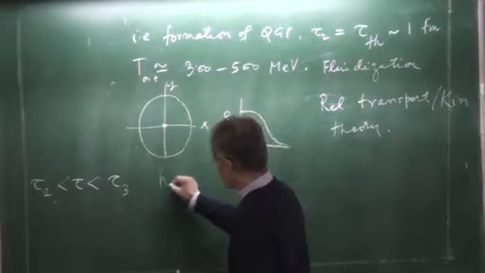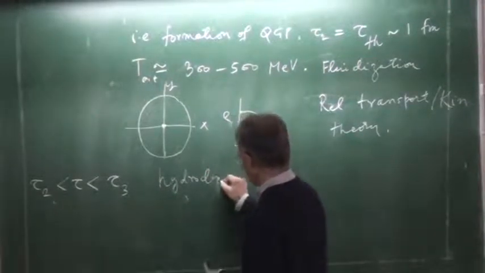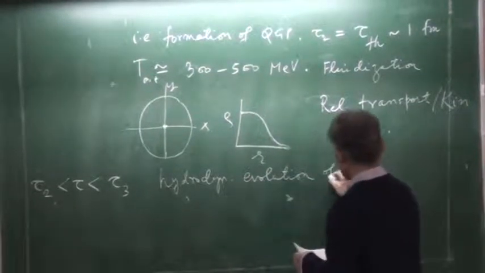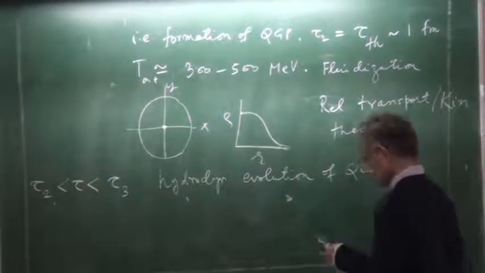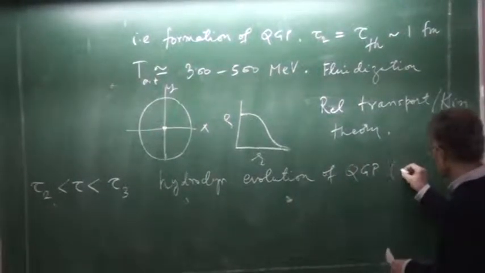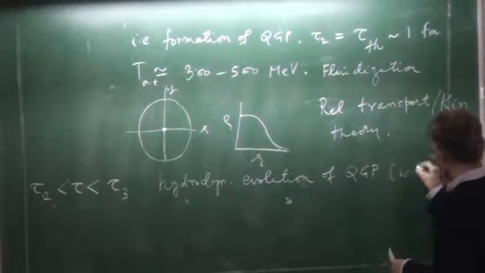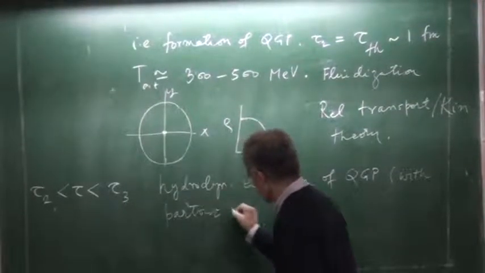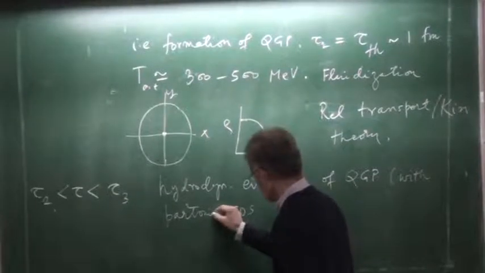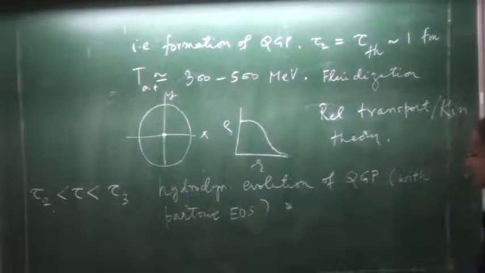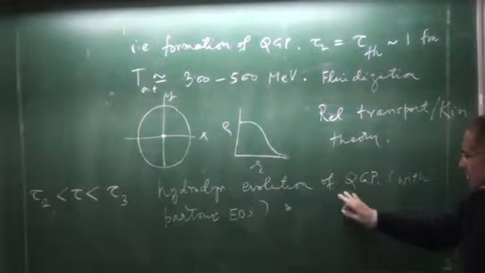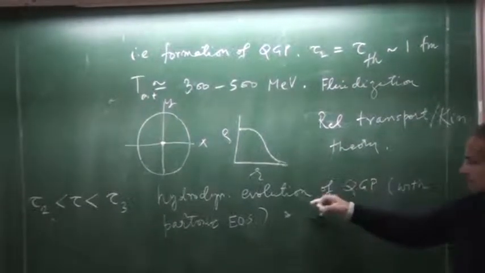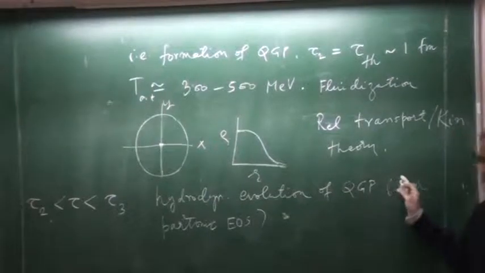This is hydrodynamic evolution of QGP and then appropriate equation of state. Because the degrees of freedom we know are partonic, so the equation of state will be the partonic equation of state.